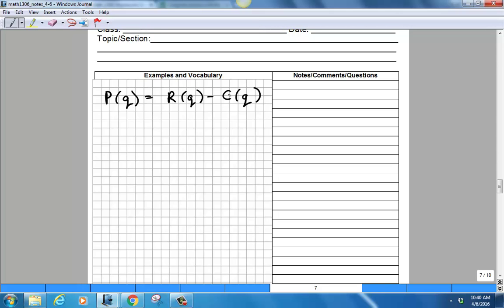At a particular production level, the profit is the revenue from the items minus the cost for producing those items, right? Okay, and then we just have to fill in the formula for the revenue and the cost.